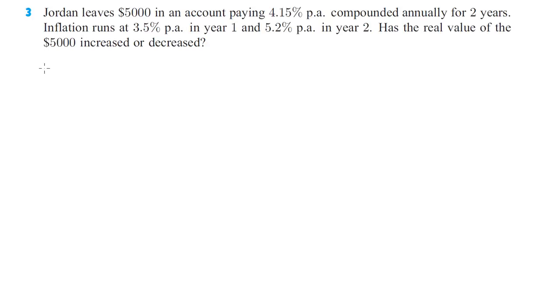Okay, so let's find our current amount. Let's see, that's not even part A. We've got our amount is going to be 5,000 times 1 plus, compounded annually, so it's 0.0415 all to the second power. So this will be how much money they'll be able to pull out of the account.